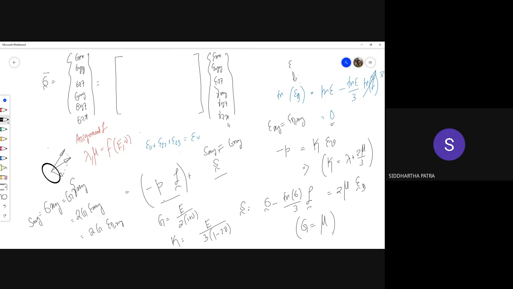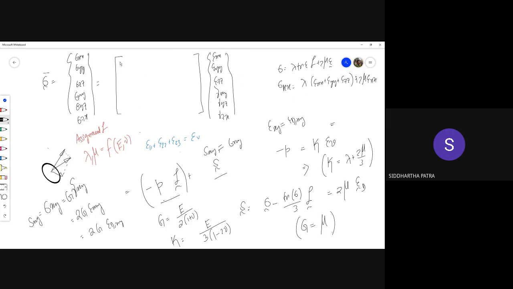Now I would need you to go back to the earlier representation of sigma equals lambda times trace of epsilon times I plus twice mu epsilon. So in this, if you write sigma 1 1 or sigma xx, that would be lambda times (epsilon xx plus epsilon yy plus epsilon zz) plus twice mu epsilon xx. No shear strain terms are involved.